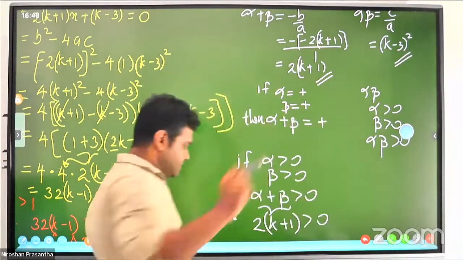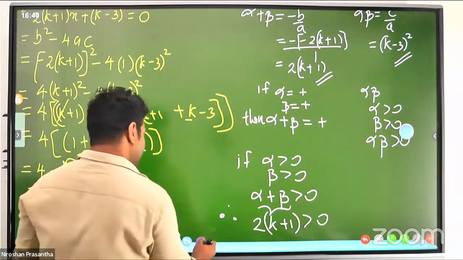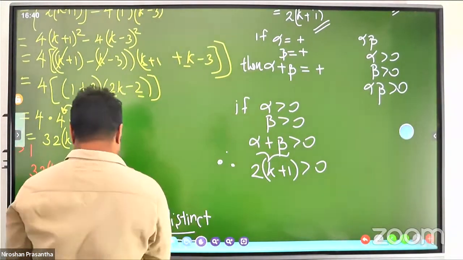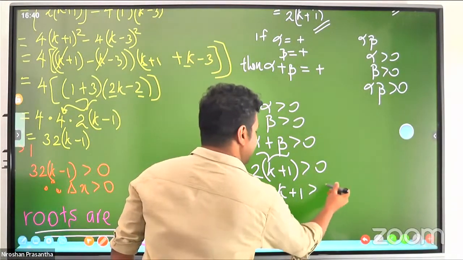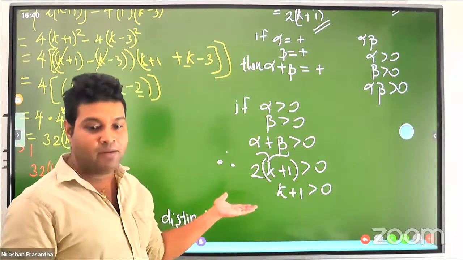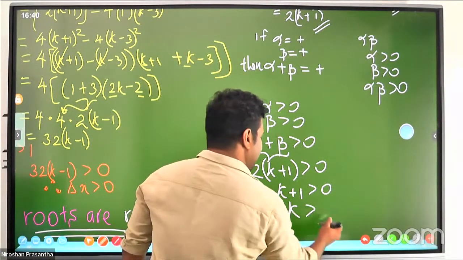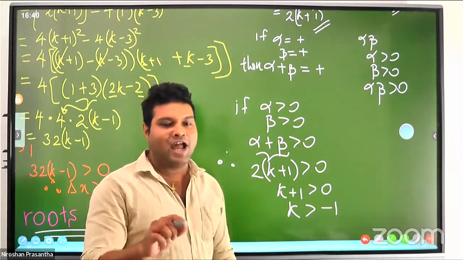Now, k plus 1 greater than 0, because we can divide both sides by 2. And what is the result? K greater than -1.